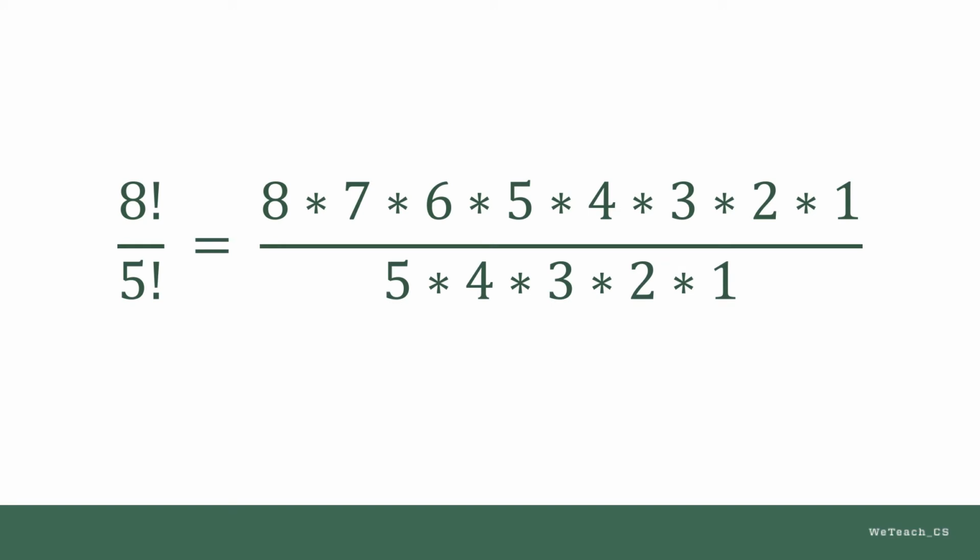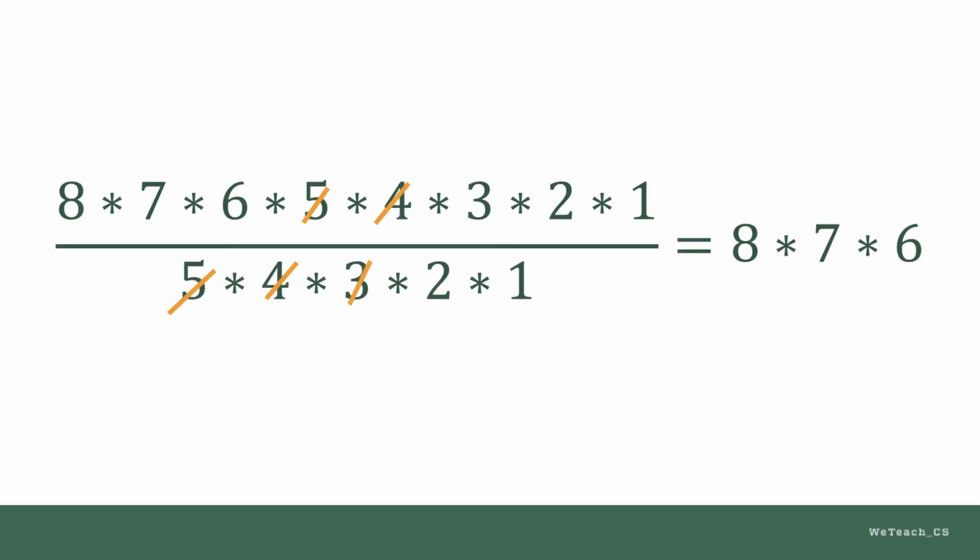Let us simplify 8 factorial divided by 5 factorial by first expanding out 8 factorial and 5 factorial. Then we cancel out the common numbers in both the numerator and denominator, where we are left with 8 times 7 times 6.